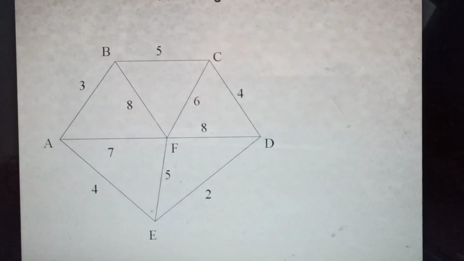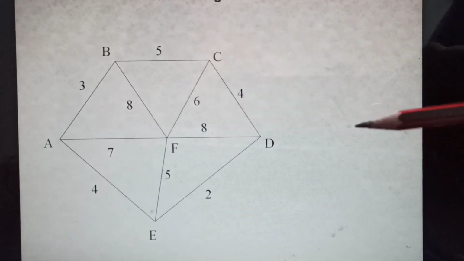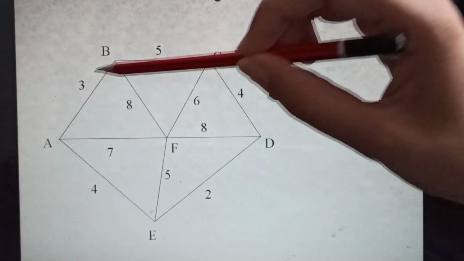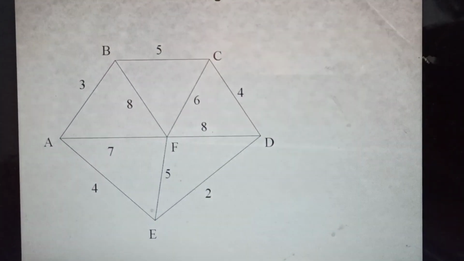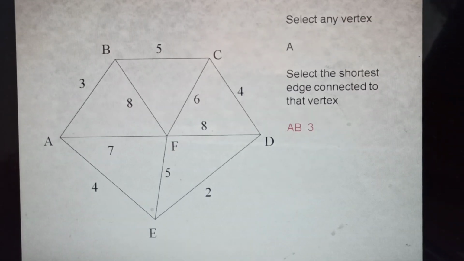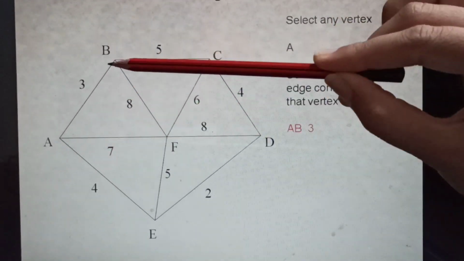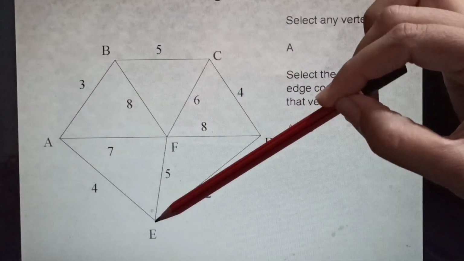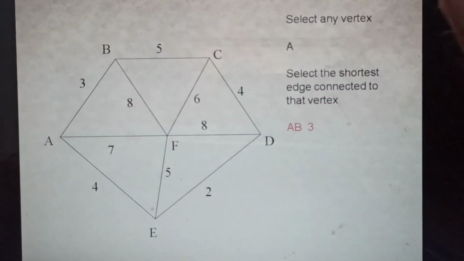Now we will see the second implementation, that is Prim's algorithm, for the same example. As I told you, Prim's algorithm works vertex by vertex. We can start from any vertex: A, B, C, D, E or F. Here I am going to start from vertex A. From vertex A, AB is an edge having weight 3, AE is an outgoing edge having weight 4, and AF is an edge having weight 5.